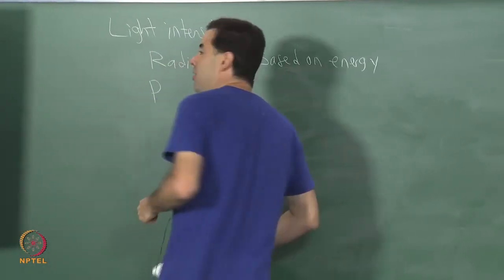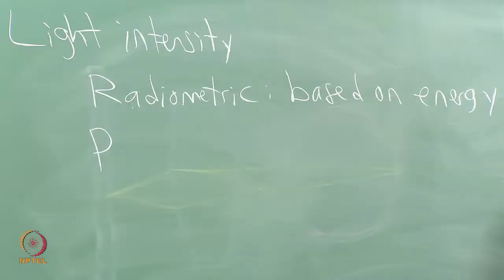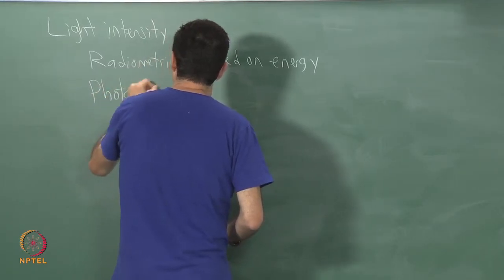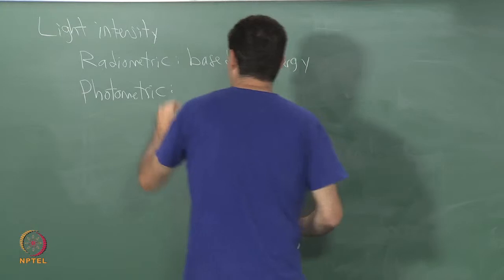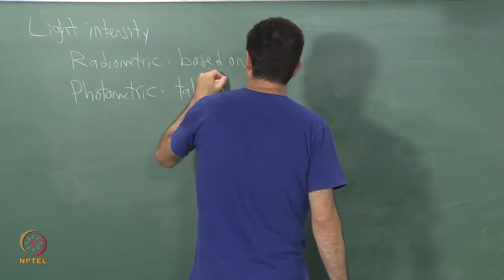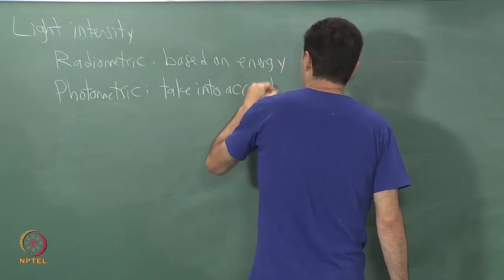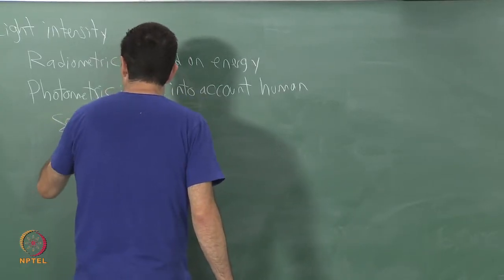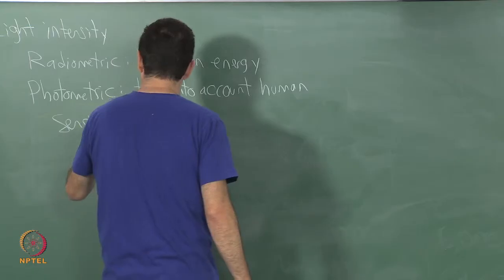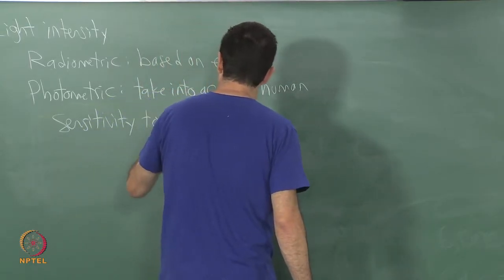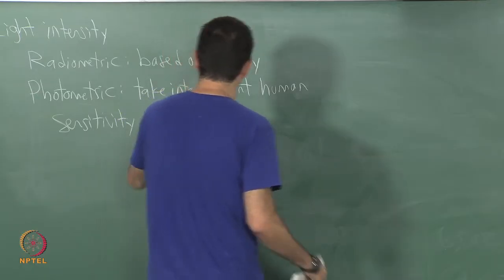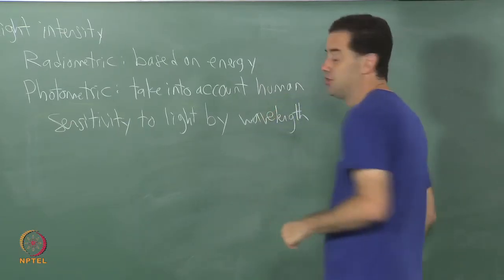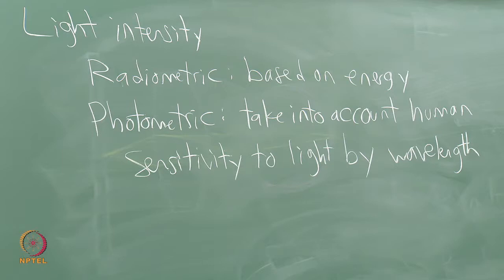And what's instead used when we talk about perception of light, when we talk about light in the context of human vision, we use what are called photometric measures, which take into account human sensitivity to light by wavelengths, which is exactly related to these photoreceptor sensitivity plots that I showed you, right.